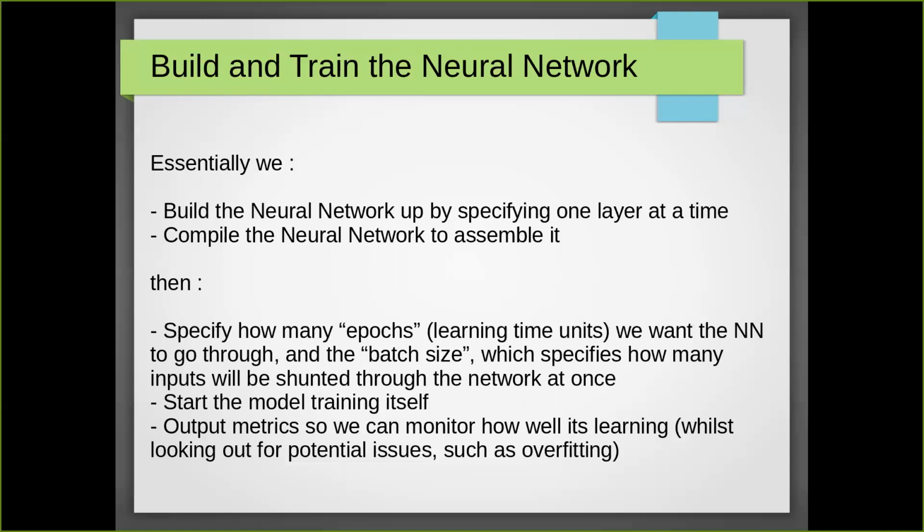We tend to batch it up into little samples of our data. Once we've shunted through all of the batches once, that represents the epoch. So how many times do we want to go through that process? How many times do we want to shunt through all the data? Again, that can be a bit of an art form, but I'll talk a little bit later about how you judge how many epochs you may need.